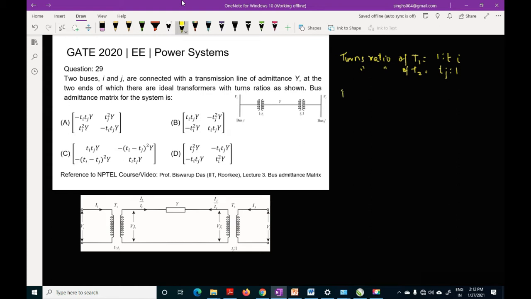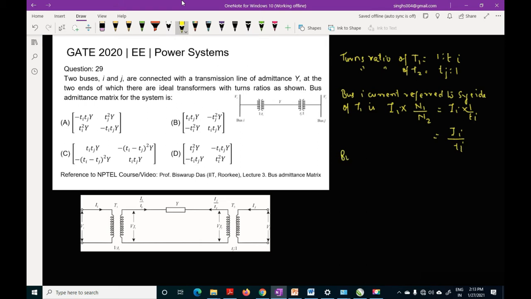So bus I current referred to the secondary side of T1 is Ii multiplied by N1 by N2. This is equal to Ii into 1 by Ti, which is our turns ratio, and is Ii by Ti.